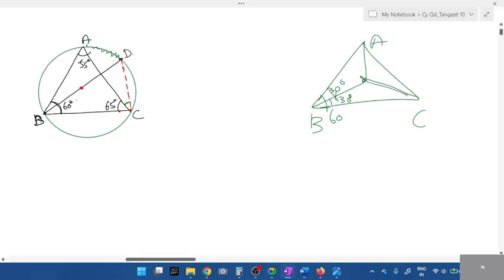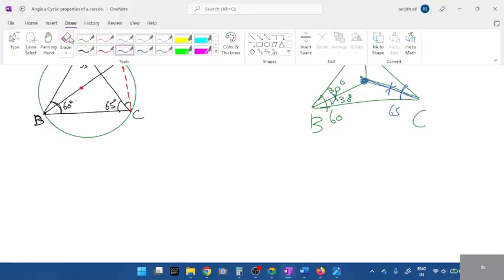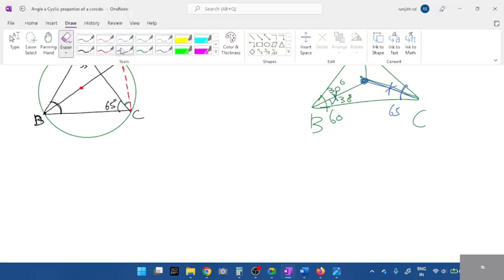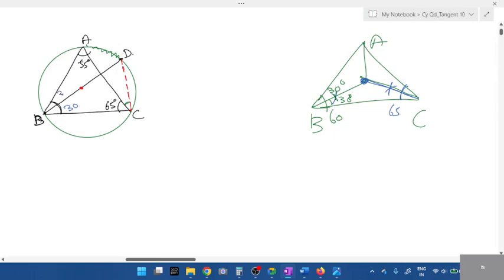Next, if I join I to C, if the entire thing is 65, the angle will be half and half. The in center line will bisect the angles into two parts. So if angle B is 60 degrees and you bisect it into two parts, you get 30 degrees and 30 degrees.